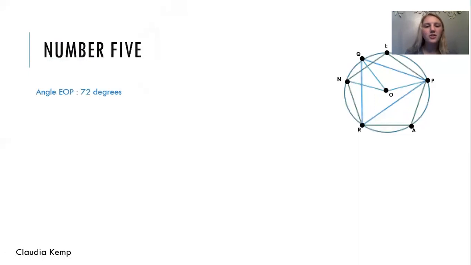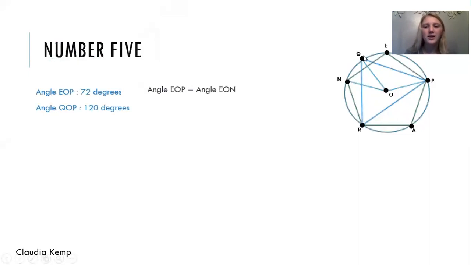So first we need to know that the angle EOP is 72 degrees because it's the interior angle of the pentagon. And we can already see the angle EOP here is equal to angle EON here, which will just be good to know later on, the relationship between the 2.